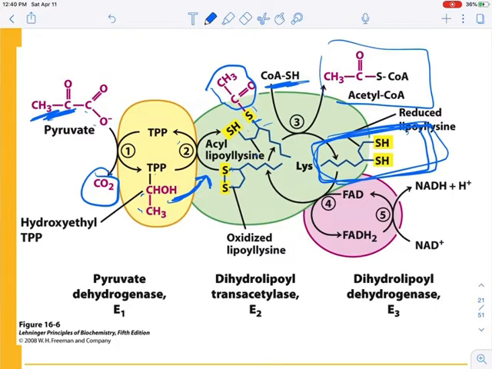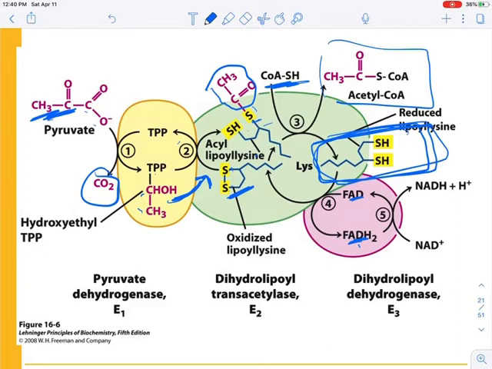The way we do that is to transfer those electrons to FAD to form FADH2. And so in this case, the lipoyllysine will pass these electrons to FAD, you form FADH2, and then you're back to the oxidized lipoyllysine here. So lipoyllysine is restored and ready to pick up another molecule.